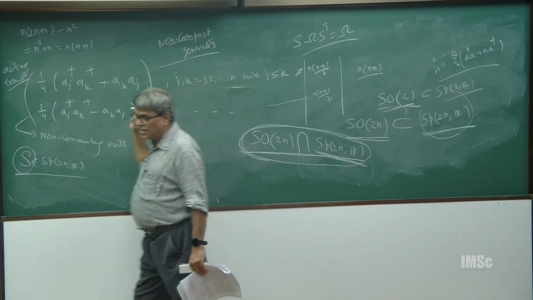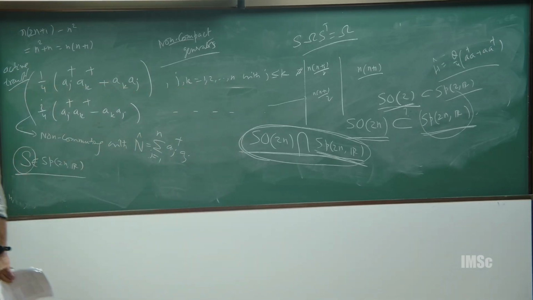Of course, we will go beyond that also, but to begin with we will concentrate on that: what sort of generators one should consider, what sort of symplectic transformations that can give rise to, and what sort of canonical forms of these covariance matrices one can get out of that. That is what we are going to discuss.